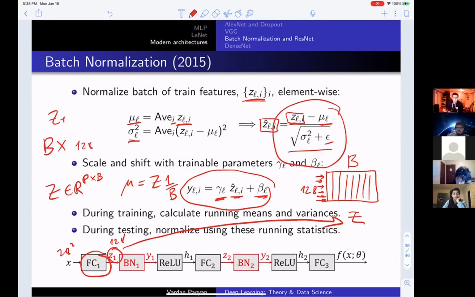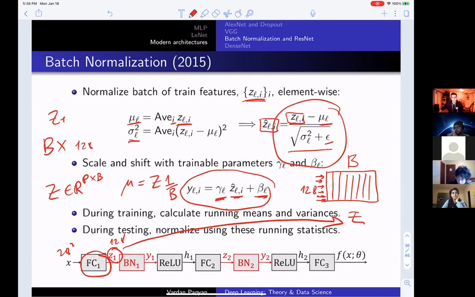So in some sense, this is a strange thing to do, because you're normalizing your features and then ruining it by applying an affine function. But it was shown to be, again, empirically beneficial. And the reasons are, I would say, unclear to this day. Why does it work?